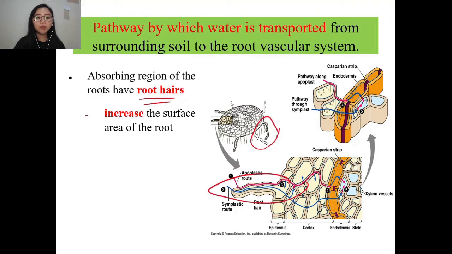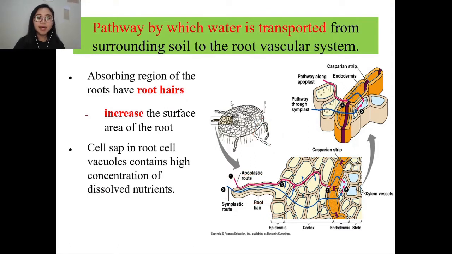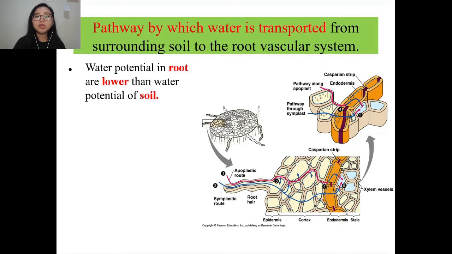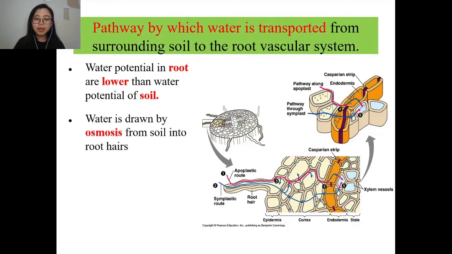Root hairs will increase the surface area of the root. The cell sap in the root cell vacuoles will contain high concentration of dissolved nutrients. What this means is water potential in the root will be lower than water potential of the soil. Hence, water is drawn by osmosis from soil into the root hairs.